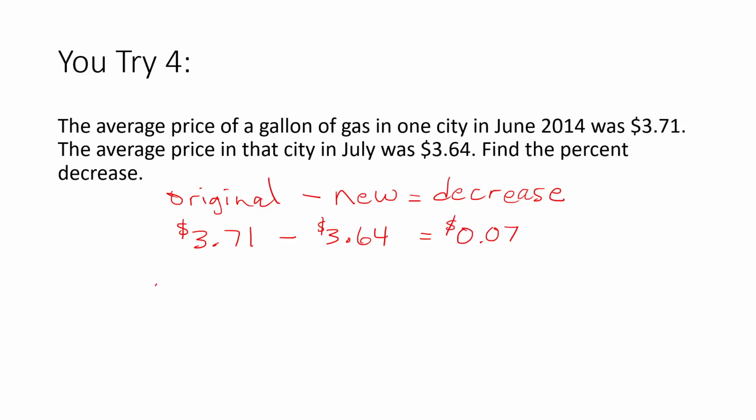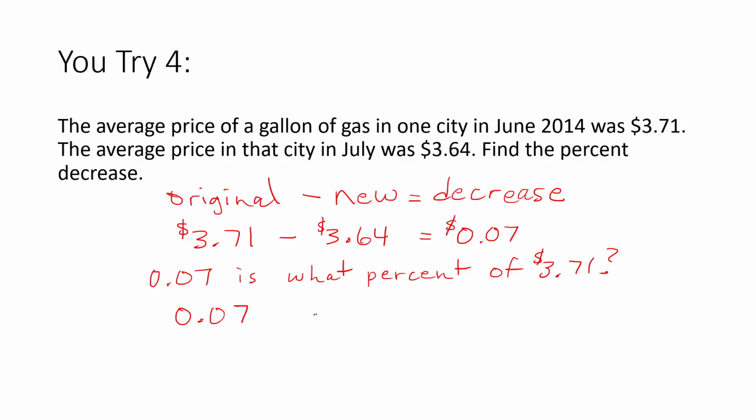Okay, so now we have to ask, 7 cents is what percent of $3.71. So just like you did, I'm sure, you got 0.07 is equal to P times 3.71.